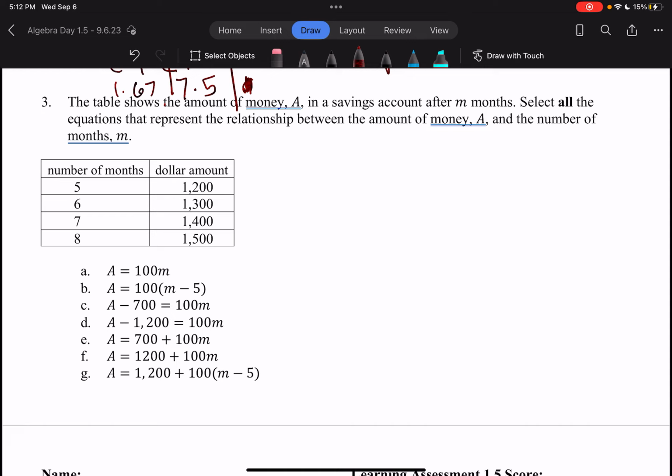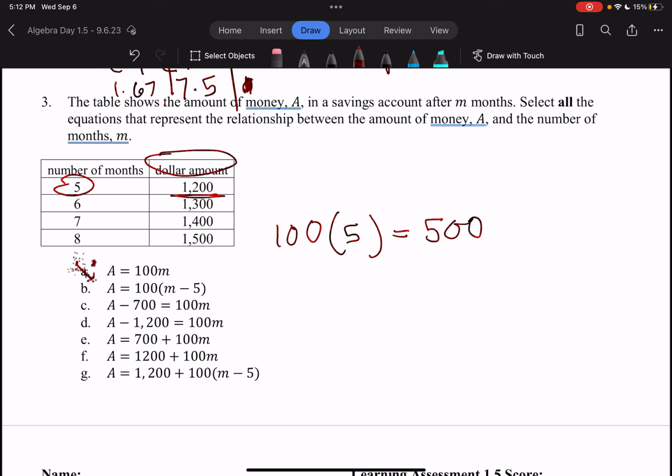So A says A equals 100M. So if we were to plug in 100 times the number of months, so let's try it with 5, for example, we should get the dollar amount, and that would give us 500. We do not get 500 when we plug in the number of months, so A does not appear to be correct. Let's try letter B.